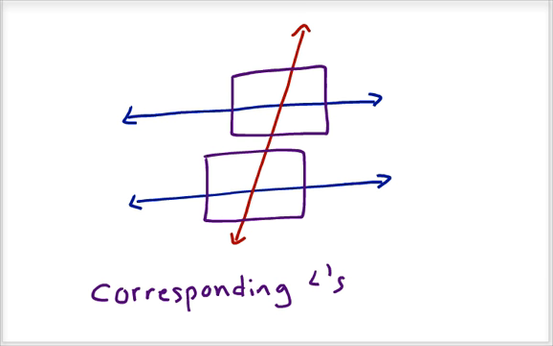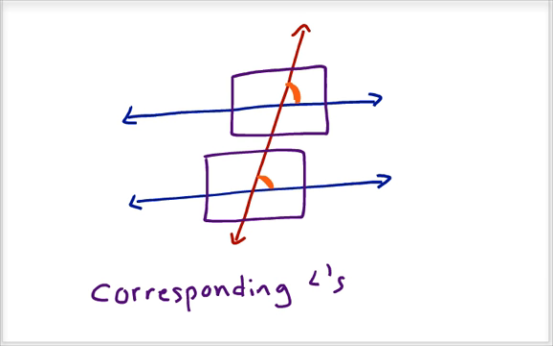So for example, if I were to look at like this angle right here, it's in the, maybe the upper right hand corner of that purple box. If I look down at this other set of intersecting lines down here, it's going to be the same spot, okay? Think about inside of those purple boxes, it's in the same spot in both boxes.